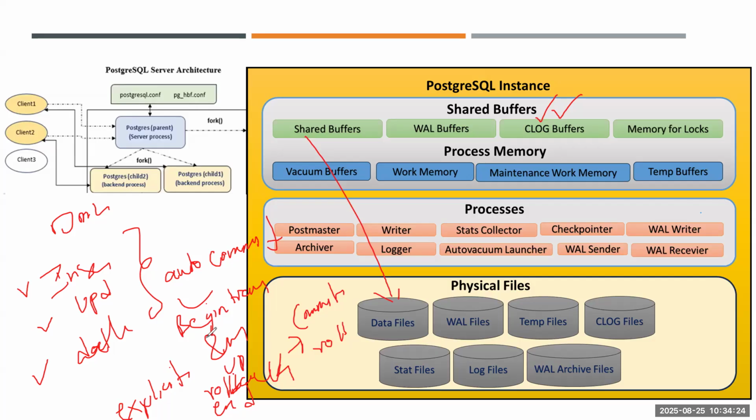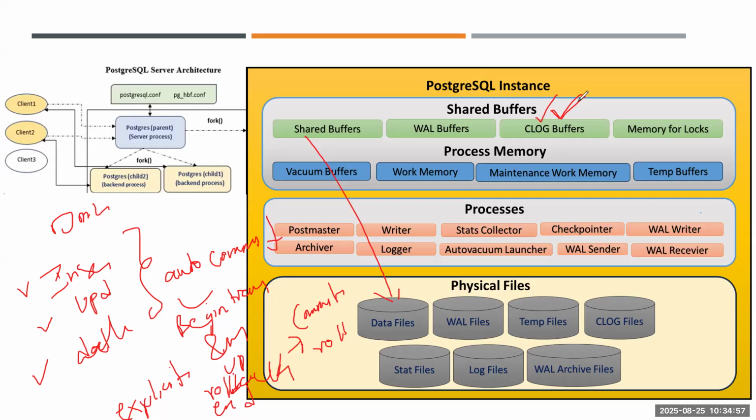So if you want to get the committed and uncommitted or rolled back information, we will go and read the CLOG buffers. Usually we won't go unless there is some junk data entered into the database. What do you mean by junk data? For example, users mistakenly entering duplicate data that they don't want.